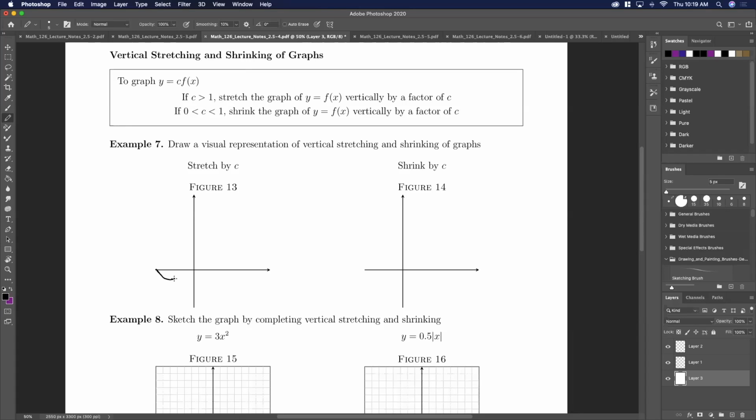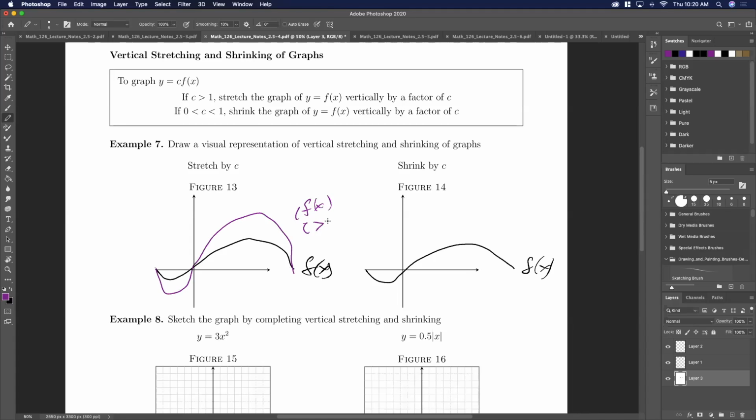So let's go ahead and draw. Let's say this is my f of x. Let's go ahead and just draw another one of those. This is my f of x. Switch colors. All right, so let's say I'm stretching it by c. So it should just be c f of x.